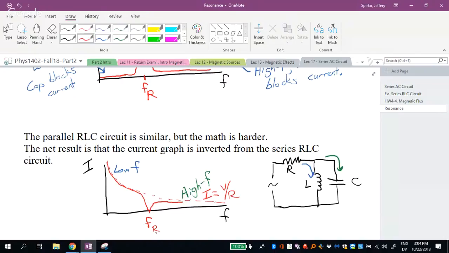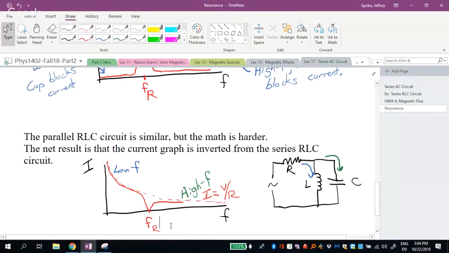And the inductor has a moderate impedance at moderate frequencies. So shouldn't they let the current flow? Because it's not like you're saying that the impedance is infinite of any one individual component. But when you combine them together in parallel, it turns out that it is. And that's the weird part of dealing with a parallel circuit.